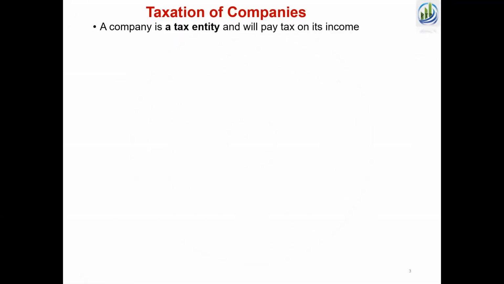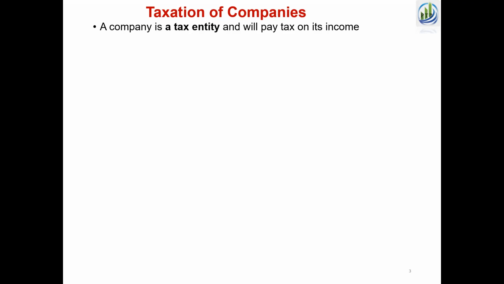So now the company is a tax entity and will pay the tax on the income. You remember that when we talked about the sole trader, partnership and trust: sole trader income tax is paid by the business owner, partnership tax is paid by the partners, and trust tax is paid by beneficiaries and the trustee.